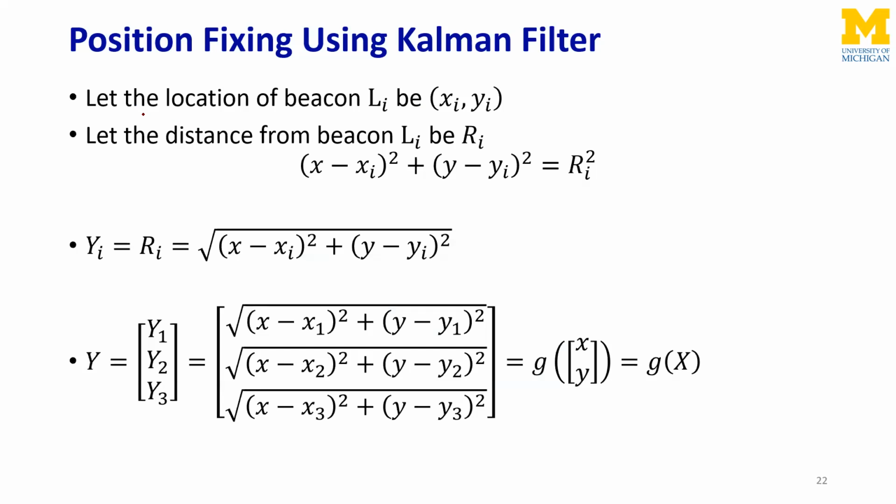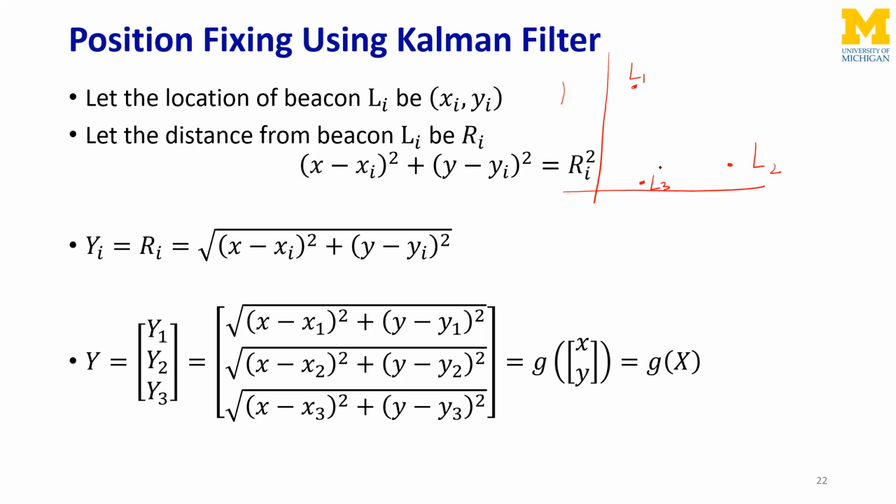So let's suppose we have some beacons, and we know the position of these beacons. The beacon Li has a position xi, yi. We have a map, and we know where the beacon Li is. So let me make a picture. Let's say we have a beacon there, a beacon there, and a beacon there.